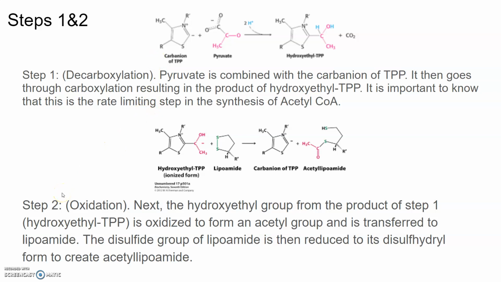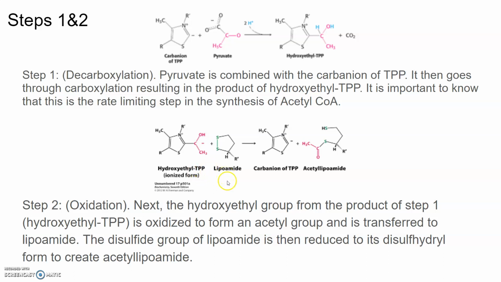In step 2, oxidation, next the hydroxyethyl group from the product of step 1, which is right as you can see here, hydroxyethyl TPP. So the hydroxyethyl group is oxidized to form an acetyl group and is transferred to lipoamide.